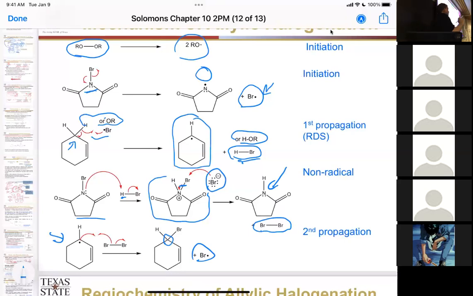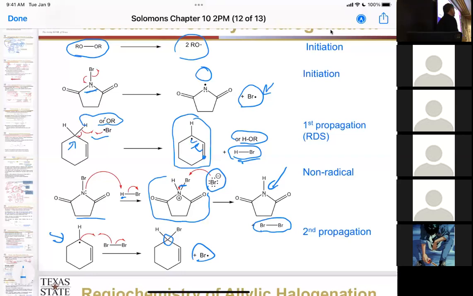Okay, so the whole thing starts with the idea that the hydrogen abstraction gives you the allylic radical. The allylic radical is going to give you your product. And you're saying, well, okay, but this is an allylic radical. We can move one electron here, move this electron here, and put the radical here.